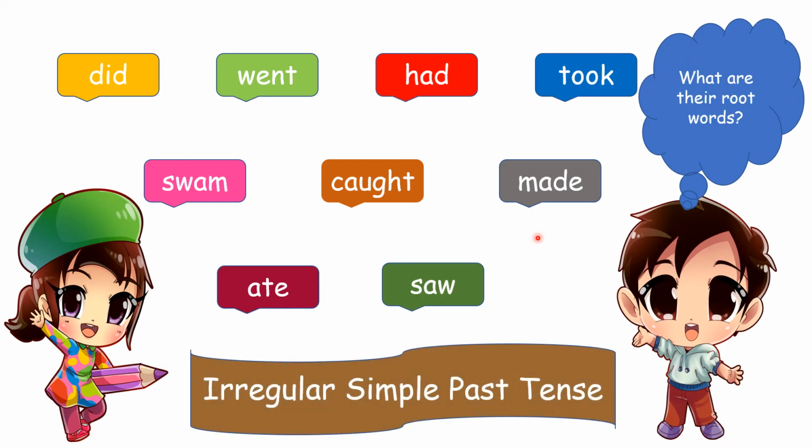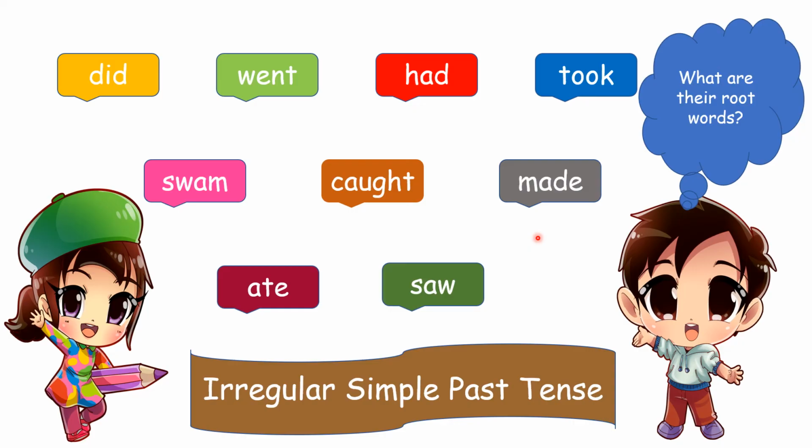Now, to better understand it, I'd like you to look at this slide. I will show you each root word of the given past tense here to differentiate past tense to the root word. Okay? You will see that to change these words into past tense, they will become a different word. That is why it's called the irregular simple past tense. Let's start with the past tense did.